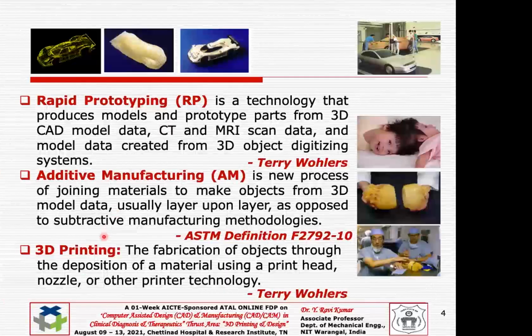And of course, 3D printing is a common name, as everybody knows printing technology means either a laser jet printer or an inkjet printer, which basically prints in 2 dimensions. Whereas 3 dimensional printing has the third dimension, right?